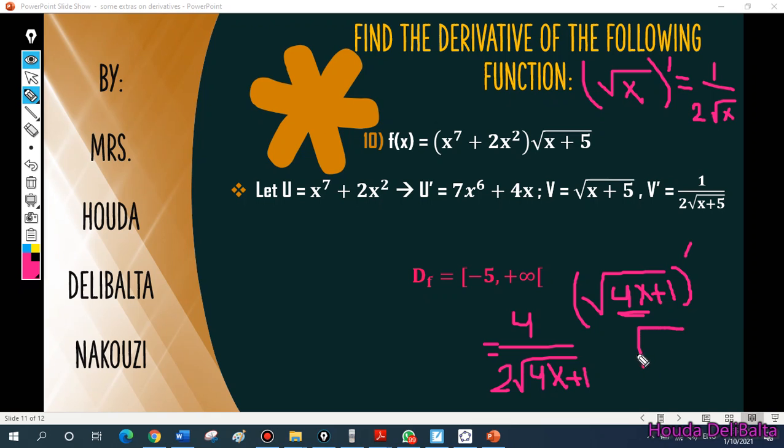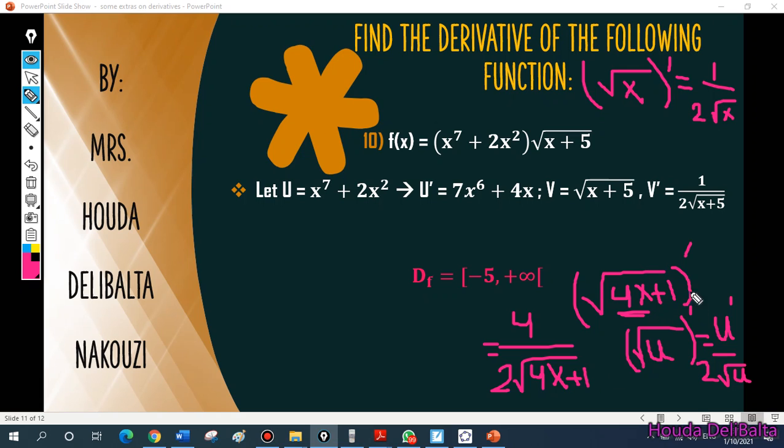So as if we are applying the rule that the derivative of radical u is u prime over 2 radical u. So if x is multiplied by constants, or it's not a simple x inside the radical, then we have to find the derivative of this one and then divide by 2 radical u.